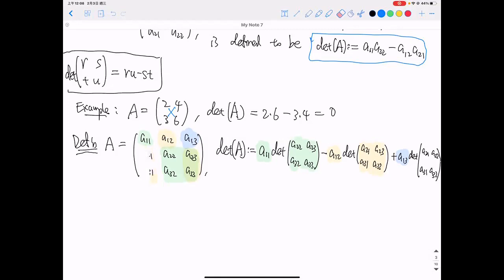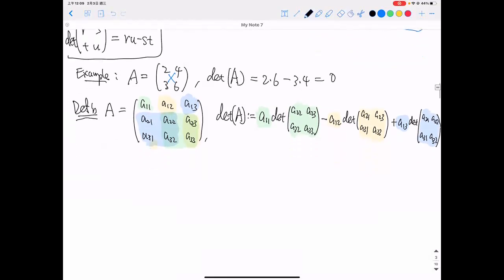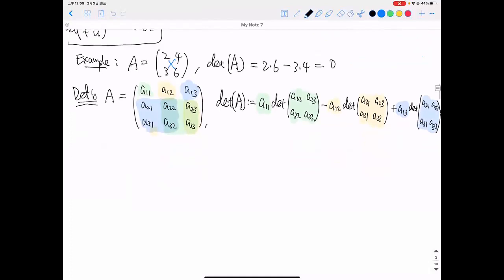That gives A21, A31, A22, A32. Okay, so this is a definition that makes some sense. Let's look at some examples.